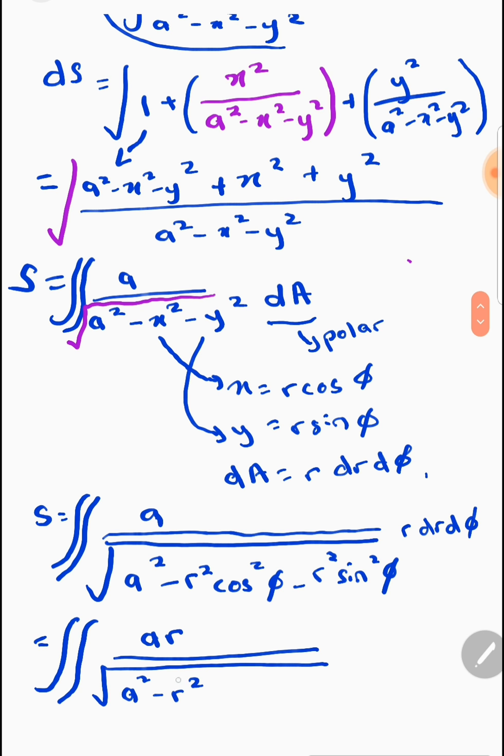And now if you remember, this is a common factor, I take it out, and I will get cos squared phi minus sine squared phi, so that it applies to this formula here.